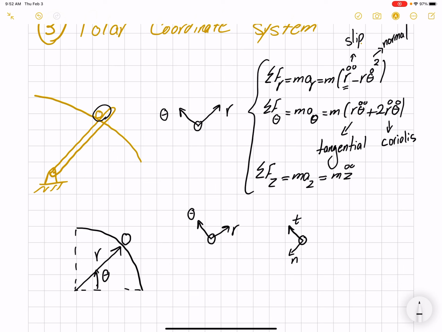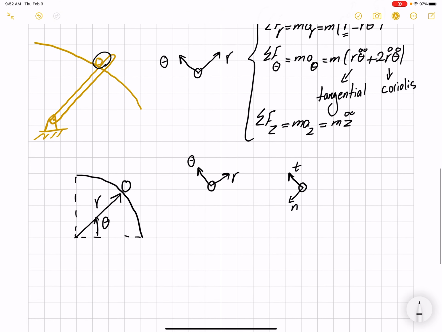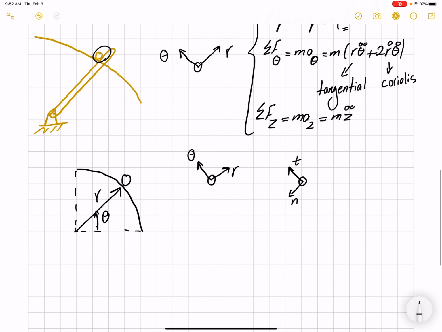One thing that you would immediately notice is the direction of r and n. They are in opposite directions, but then there is a negative in the equation that would take care of it. So here I have summation of forces m a_r, summation of forces in theta, I will get m a_theta.